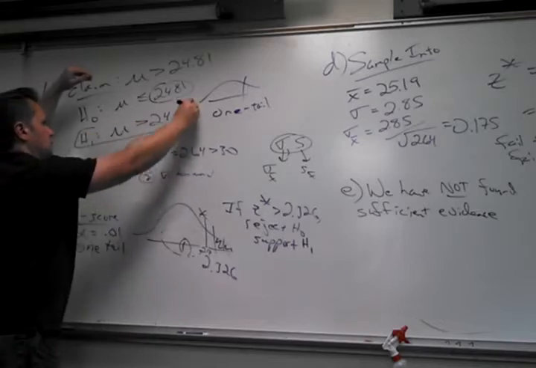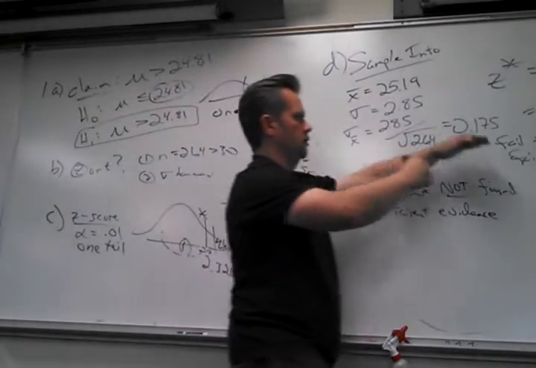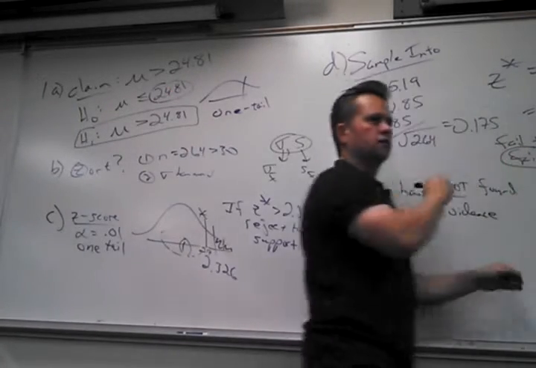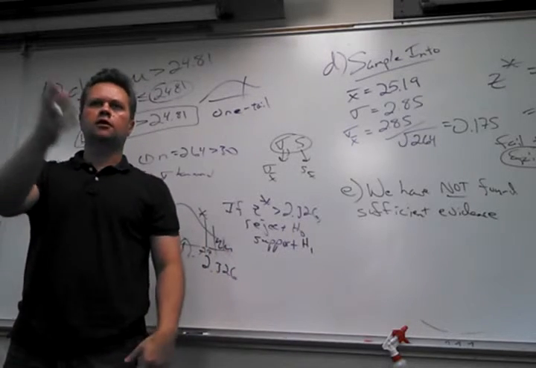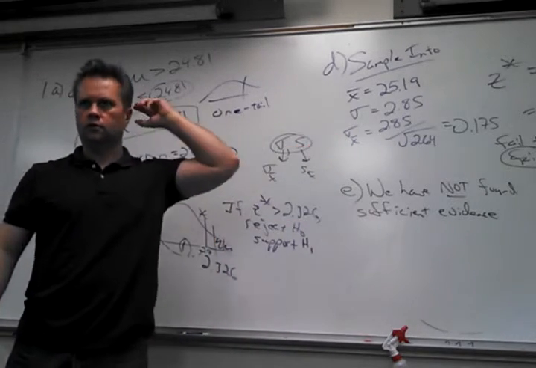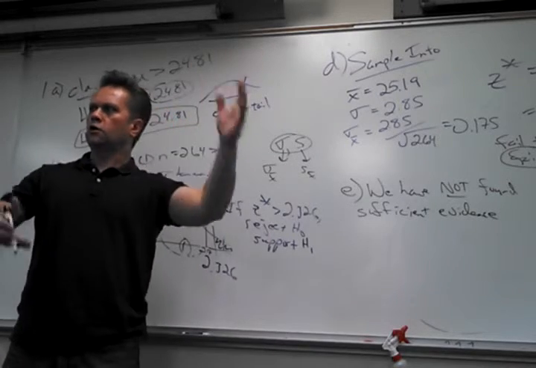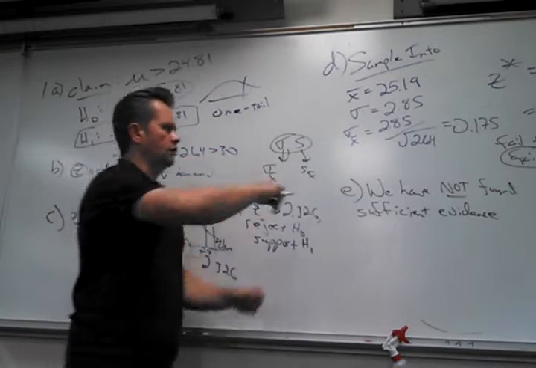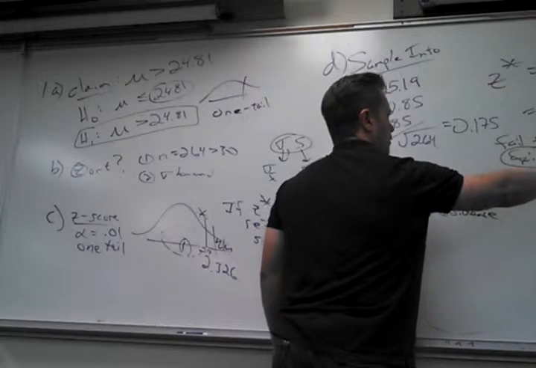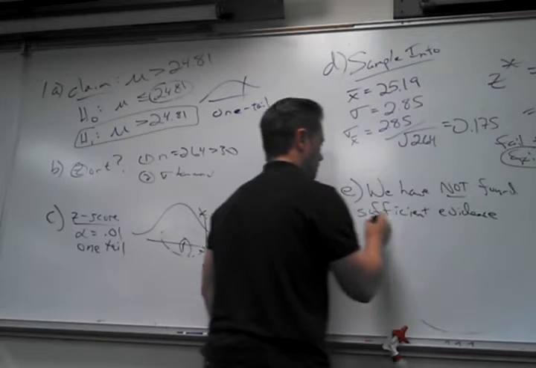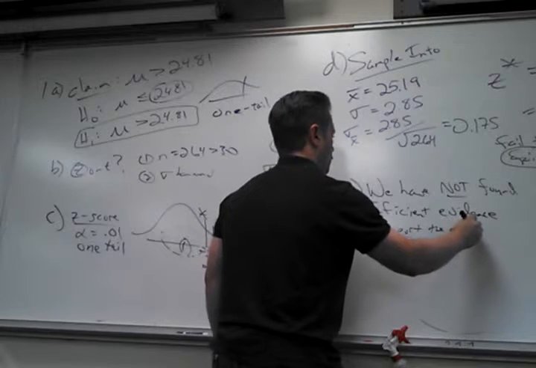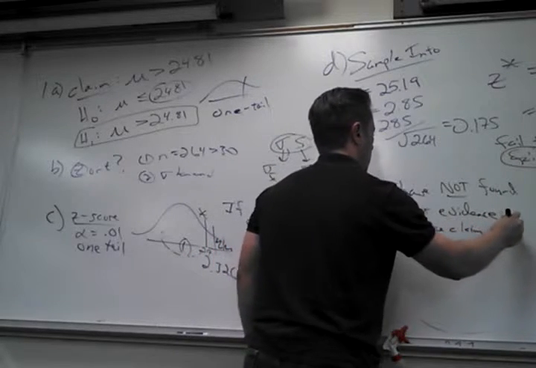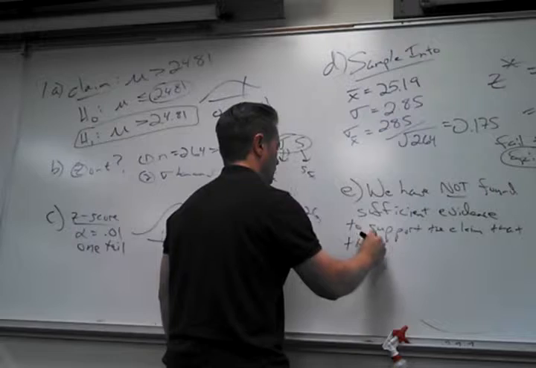This is my claim, so I want to use this language. Don't make that step more than it is. My claim is H1, I use the language for H1. If my claim is H0, I use the language for H0. So I'm going to say we have not found sufficient evidence to support the claim that what? That the mean what?